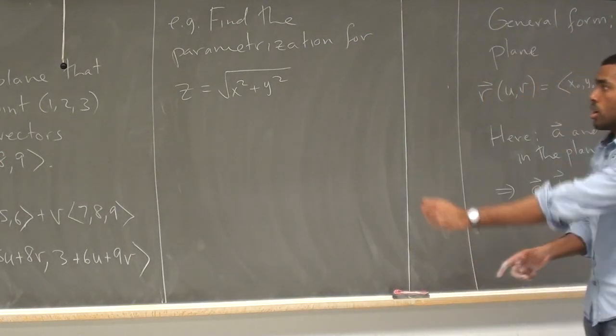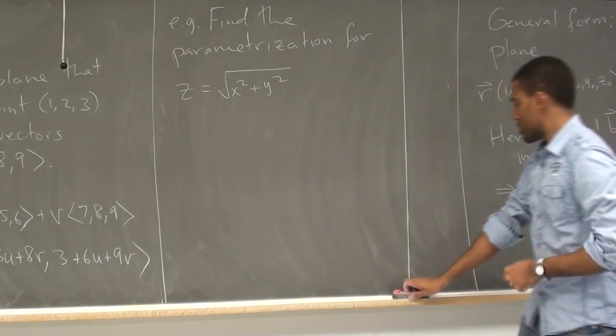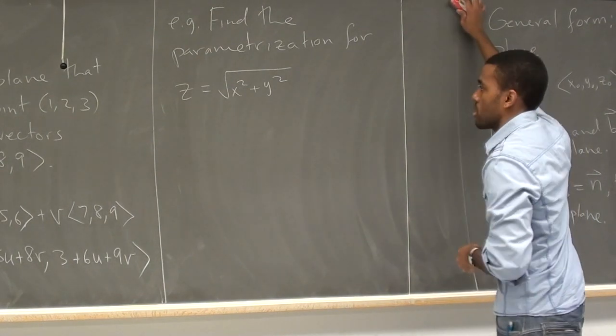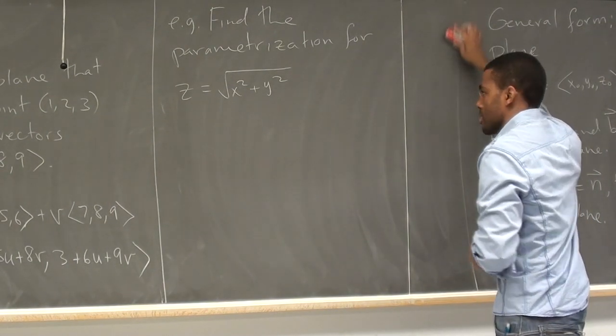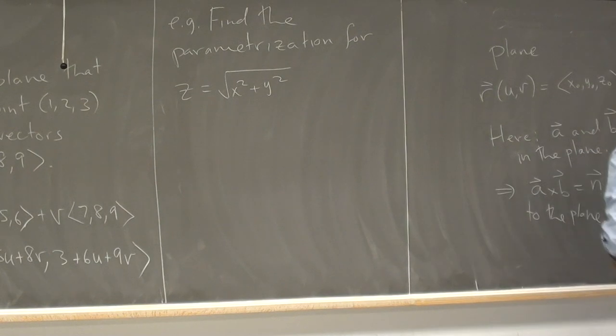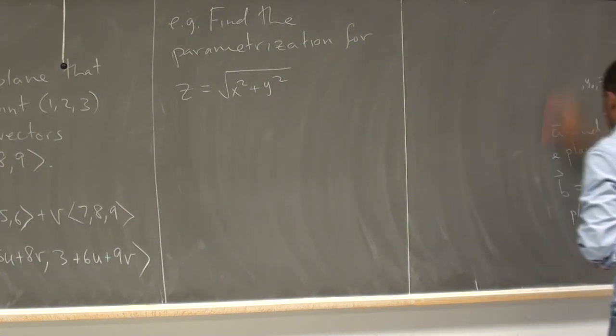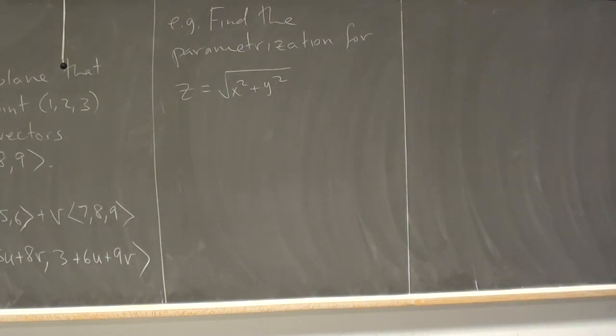The upper half. It's a cone, not a sphere. No, it's top half of the sphere. Oh, I'm sorry, you're right. It's a cone. Top half of a cone, sorry. Right, it's a cone.